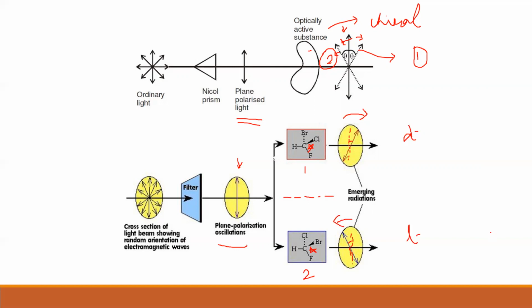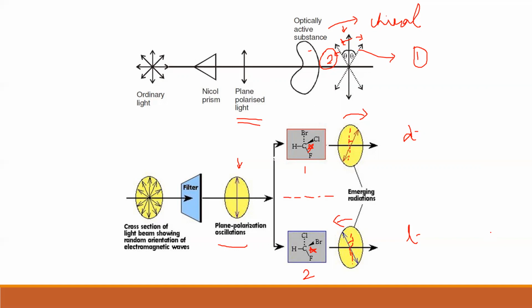Now, if I take a chiral compound and place a mirror, I will get its mirror image. The original compound and its mirror image are non-superimposable on each other. These non-superimposable mirror images are called enantiomers. Are called what? Enantiomers.